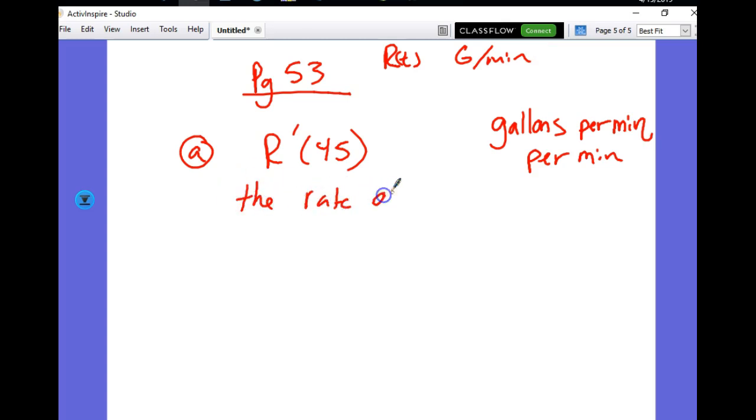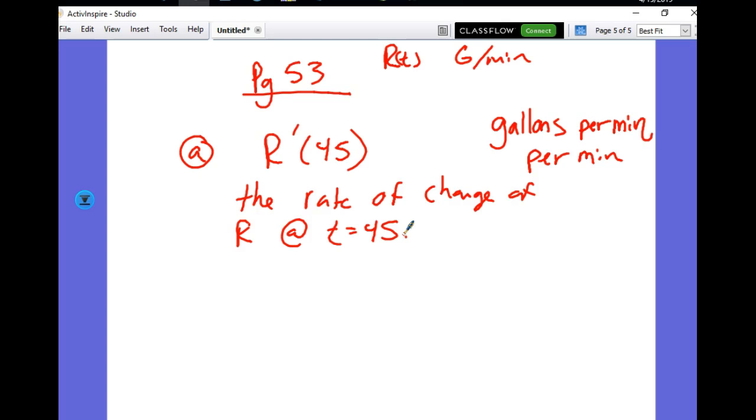Or you could just say the rate of change of R at t equals 45. So when you do an interpretation, you guys, you have to include the time unit as well, if there is one.